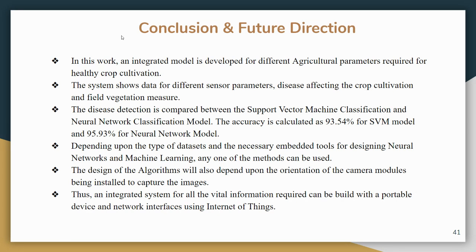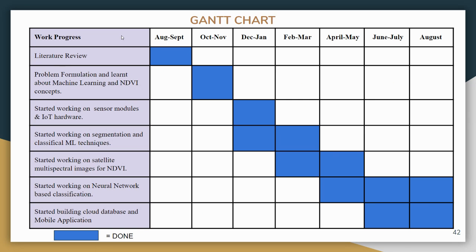Next, the design of the algorithms will also depend upon the orientation of the camera modules which are installed to capture the images. Finally, an integrated system for all the vital information can be built with a portable device, and network interfaces can also be enabled using the Internet of Things.